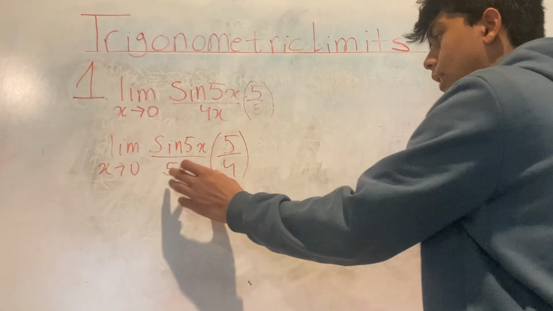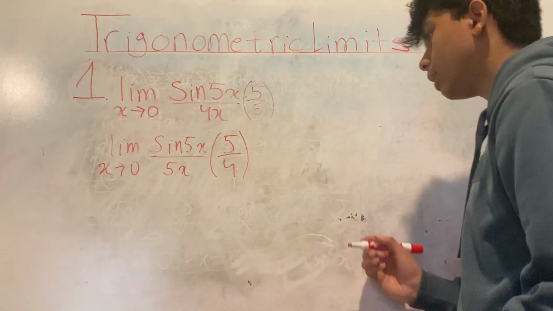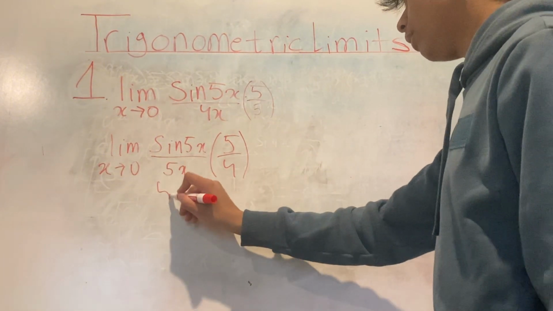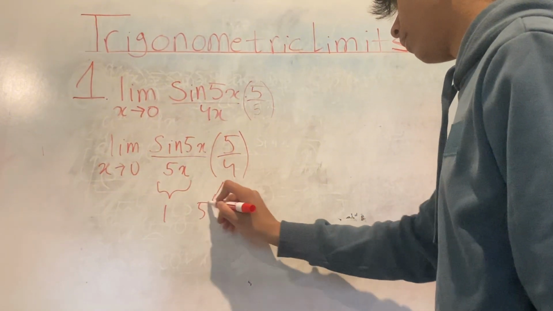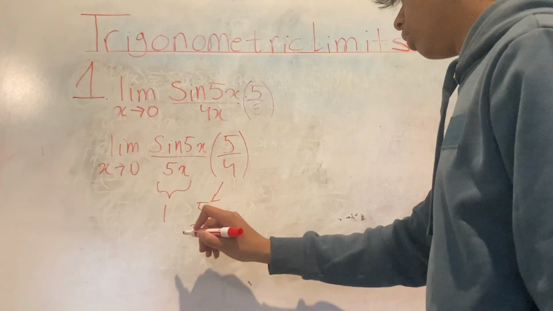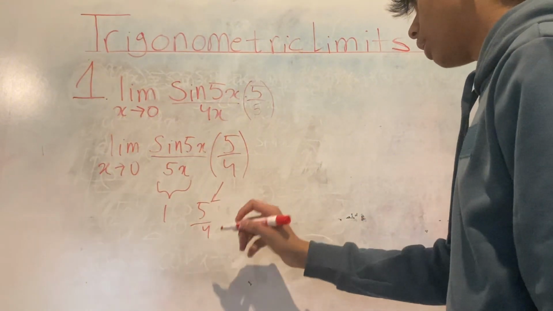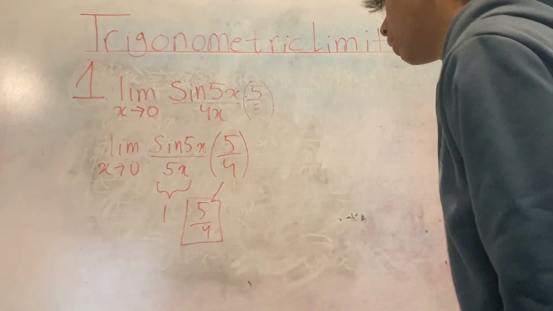But it doesn't matter as long as it's the same. So here it's 5x and here it's 5x, so it's going to be the same. So we can just say this equals 1, and this is just 5 over 4. So the limit as x approaches anything of a constant is just going to be the constant. So the final answer is just 5 over 4.